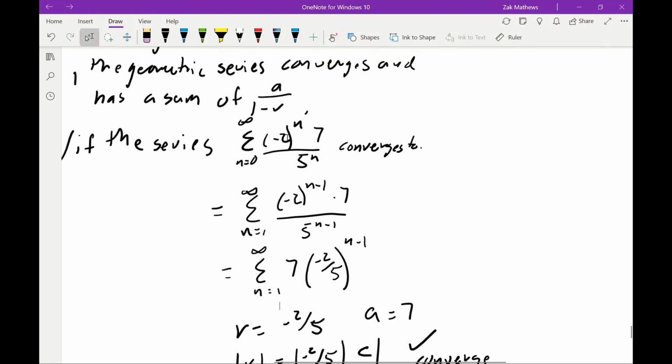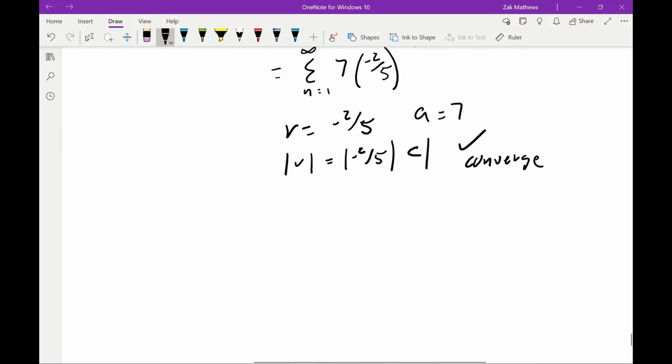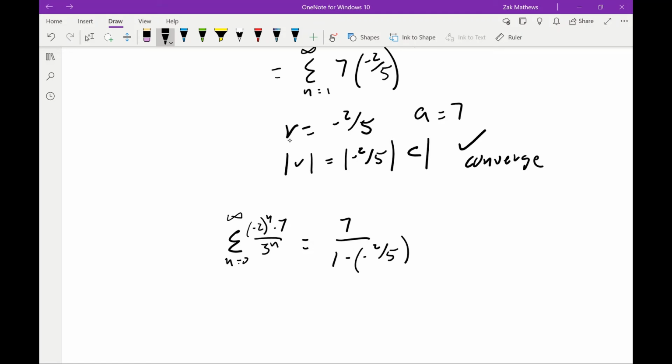And so now I can just simply use my sum formula, the a over 1 minus the r, being negative 2/5. And so our series of n equals 0 to infinity of negative 2 to the n times 7 over 5 to the n has to be equal to this sum right here, and it would be 7 over 7/5, which when we multiply by the reciprocal would be 1/5.